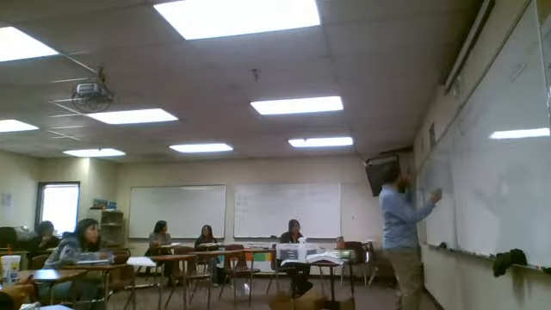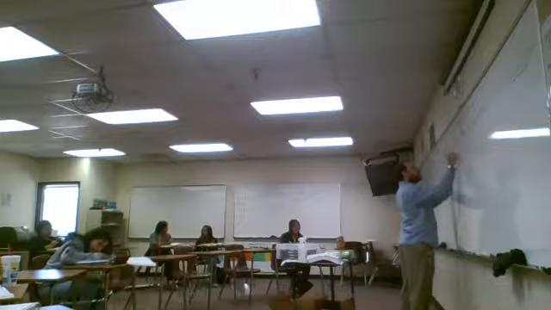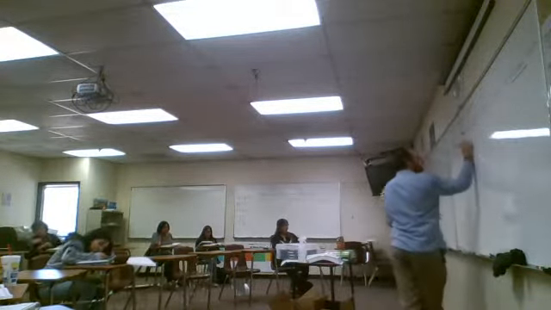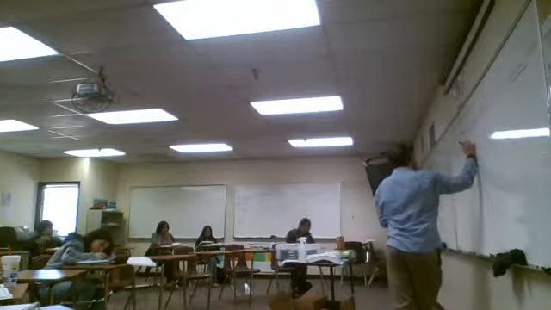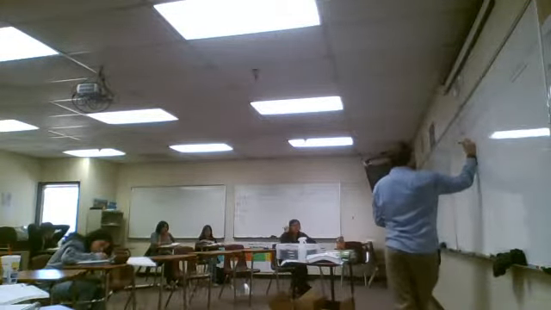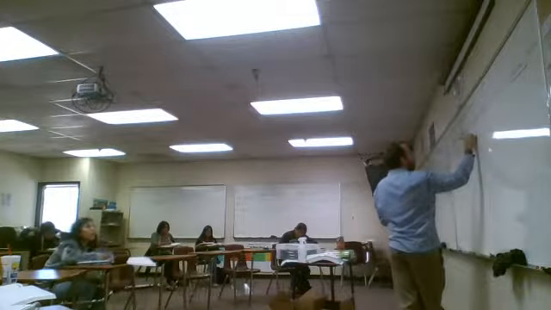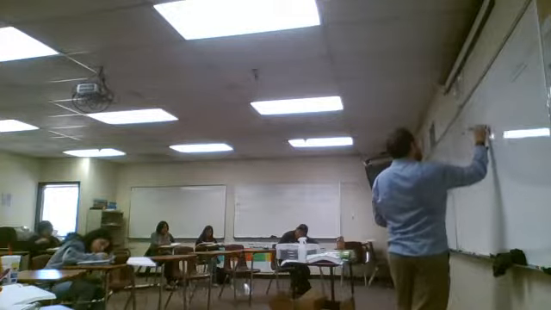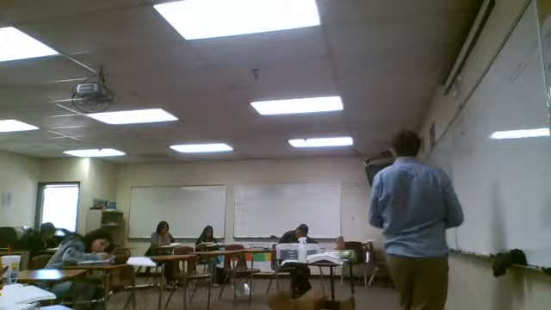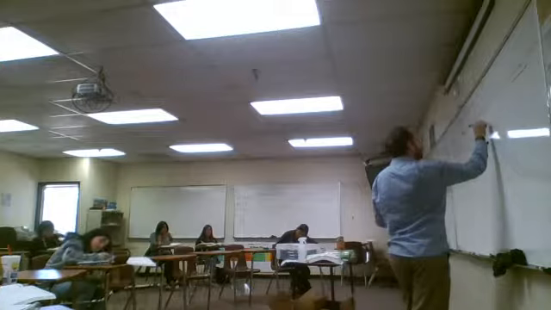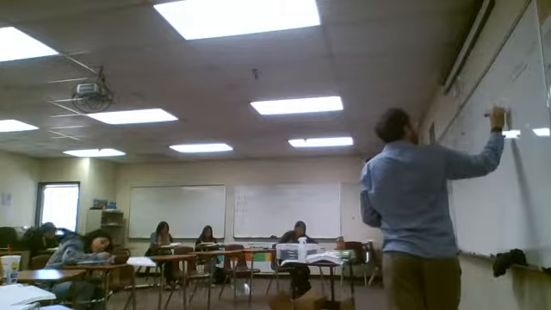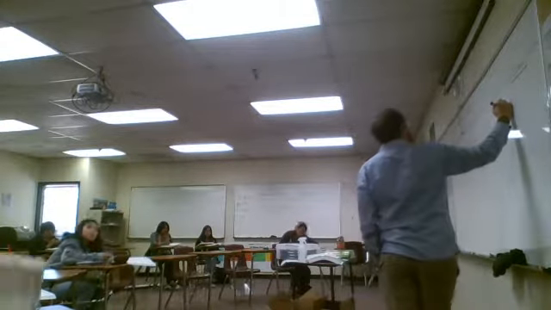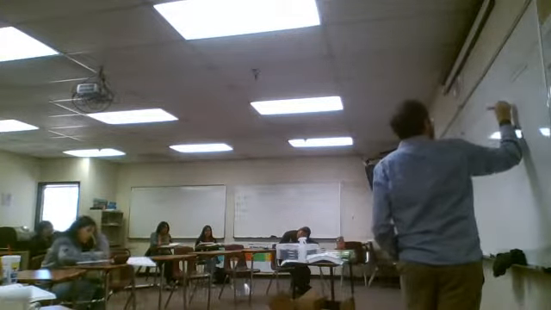Okay, then let's say that I have z squared plus 25. Let's say we have z squared plus 81i, z squared minus 36, and finally, let's say z squared minus 9.